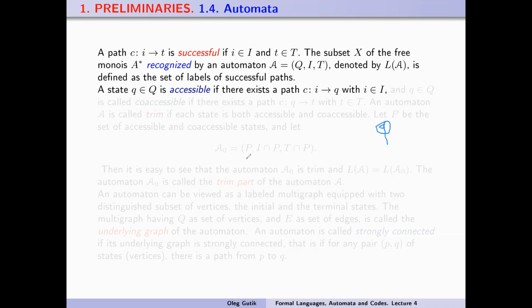If there exists an initial state i and a path from this initial state through q1, and so on, qn, to the state q, then q is accessible.